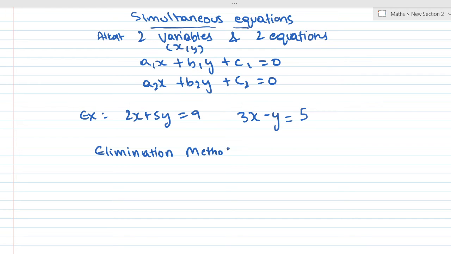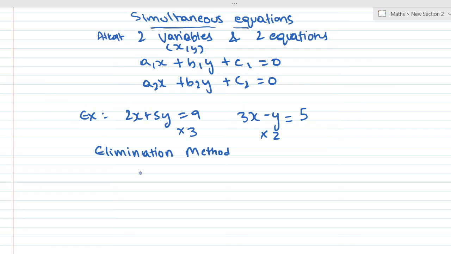In the elimination method, you ensure that either the x coefficient or the y coefficient will have the same value. Let us make the coefficients of x equal. Here it is 2, here it is 3. So let us multiply this equation with 3 and this equation with 2.